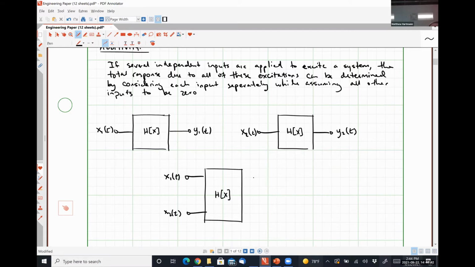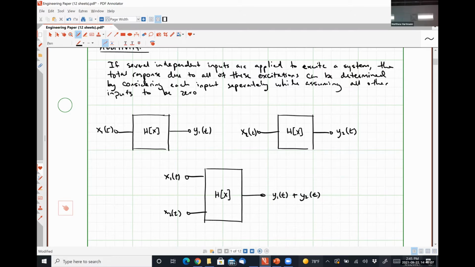I should see that my output is a simple combination, y1 plus y2. So if I apply either input independently, I get its respective output. But if I apply both at the same time, I get a combination of the outputs.